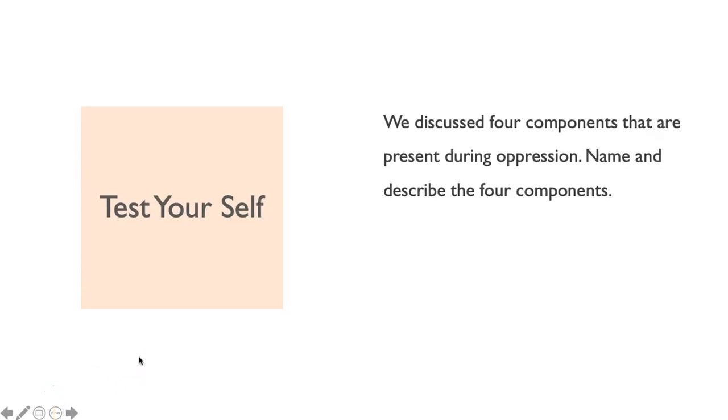Now for the next question. We discussed 4 components that are present during oppression. Please name and describe the 4 components that we discussed. Again, I'm going to give you a minute and a half for this one.